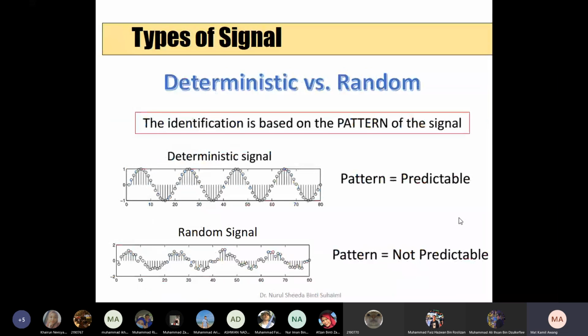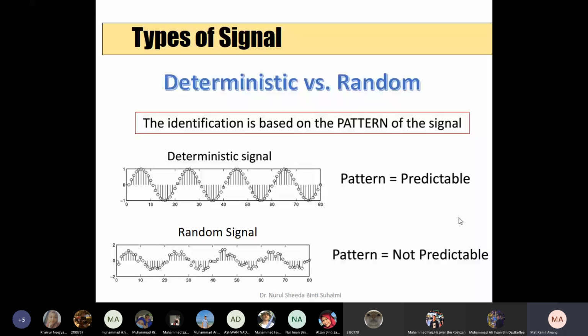Deterministic and random signal. The identification is based on the pattern of the signal. How do you define a deterministic signal? Basically, the pattern must be predictable. You can predict what the next value is. Whereas for random signal, the pattern is not predictable, as shown in the diagrams there.